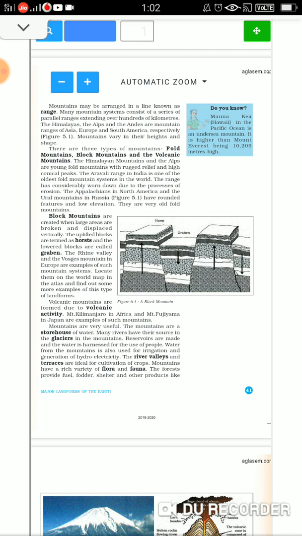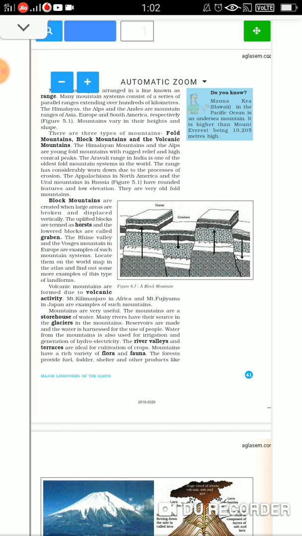Mountains differ in their height and shape. There are three types of mountains: fold mountains, block mountains and volcanic mountains. The Himalayas and the Alps are young fold mountains. They have a rugged relief and high conical peaks. The Aravalli in India is one of the oldest fold mountains in the world.